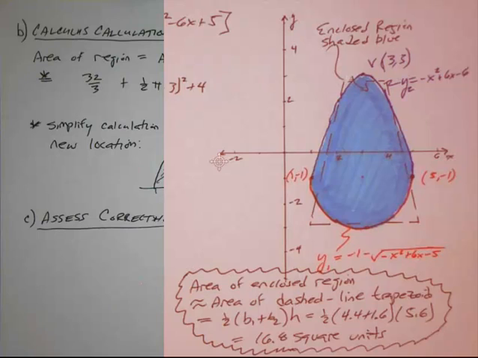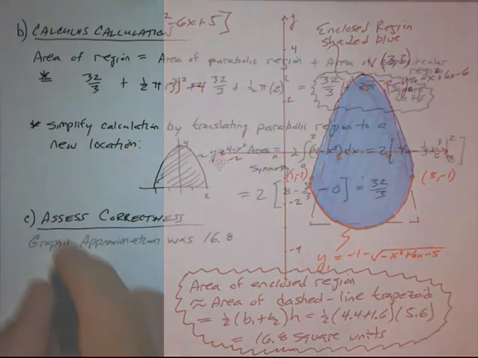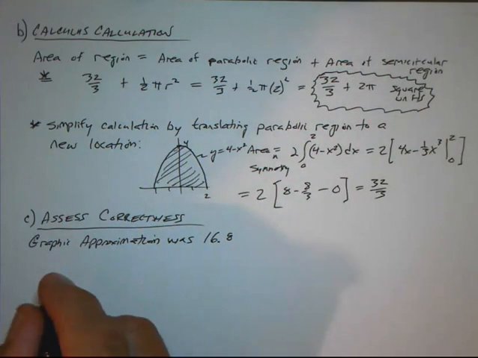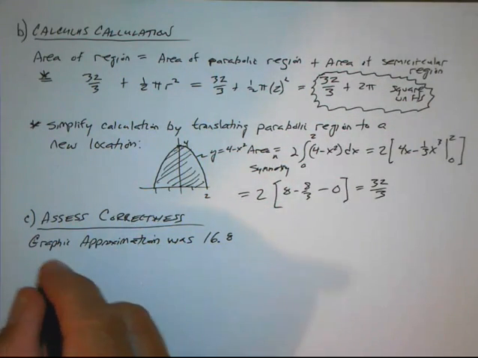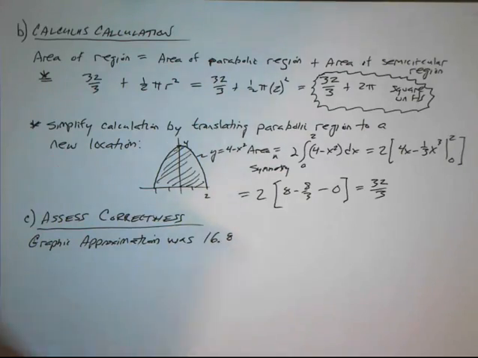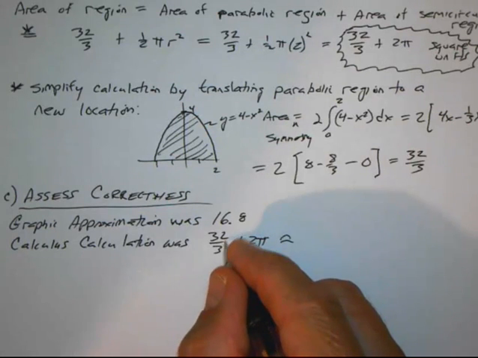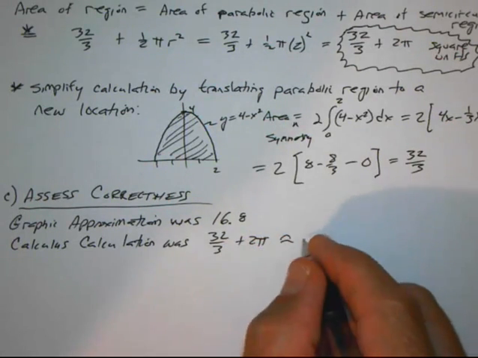It's a little strange to have a graphic approximation recorded with 3 significant digits, but since we've already done that, we'll just re-record that fact here. And our calculus result is still in sight there. Let's turn that into a decimal approximation. We have 10 and 2/3 here, so that's about 10.7.